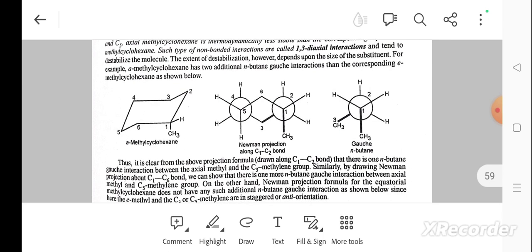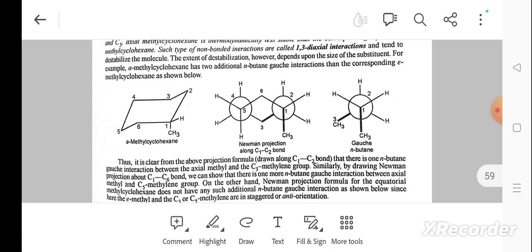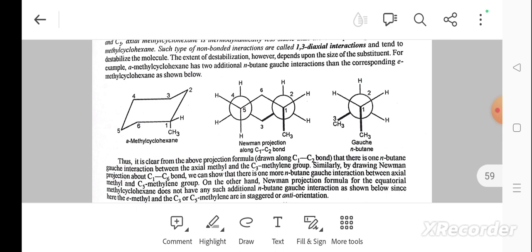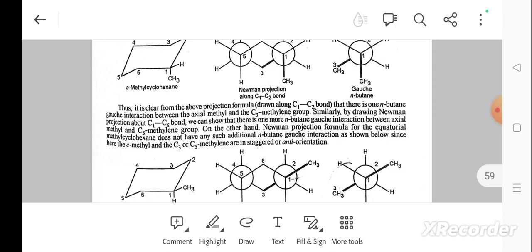The extent of destabilization, however, depends upon the size of the substituent. For example, axial methylcyclohexane has two additional n-butane gauche interactions compared to the corresponding equatorial methylcyclohexane, as shown below. Thus, it is clear from the projection formula that there is no n-butane gauche interaction between the axial methyl and the C3 methylene group.